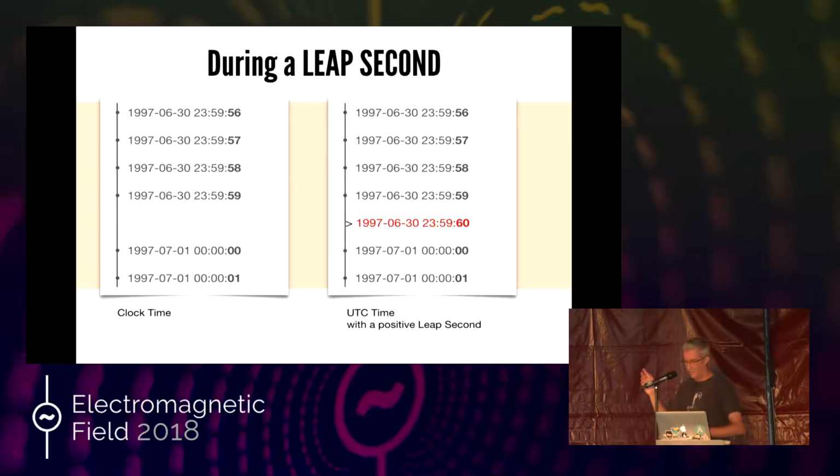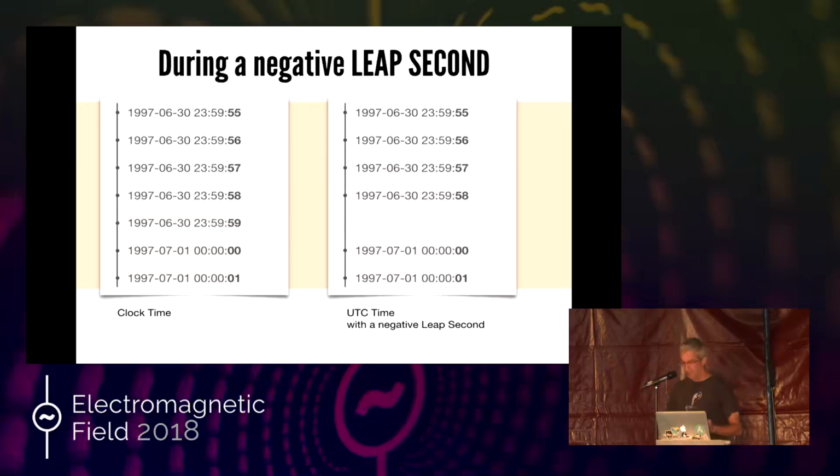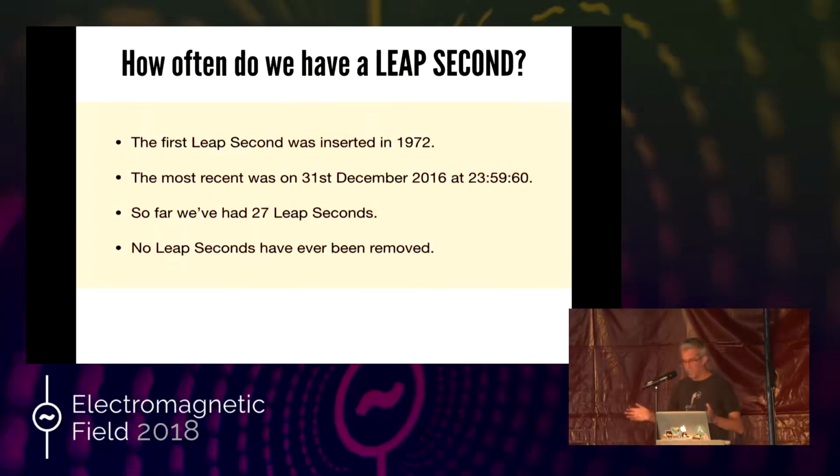You'll see here on the right-hand side, the red one, that's your leap second going in. It's entirely possible you could have a negative leap second. We've never had one, but in practice, it would look like this: it would get to 58, skip, and then go to 0. We've had about 27 of these since 1972, and the last one was a couple of years ago.